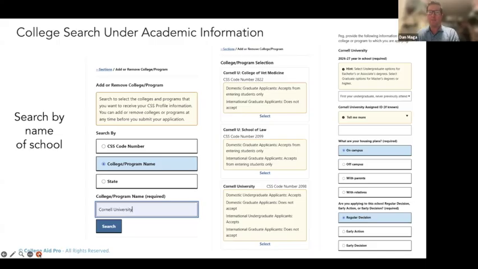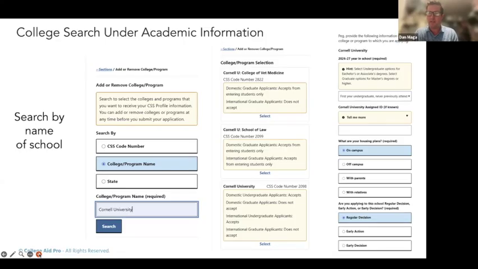So when you're searching for the schools, kind of like what Michael talked about earlier, I would say it's even more confusing on the CSS than the FAFSA. Here you can see we put in Cornell and there's three different options for vet school, for law school, and then for undergrad. I think Columbia is by far the most confusing because they have an option for every single major, but then for their undergrad, it's Columbia U and engineering.